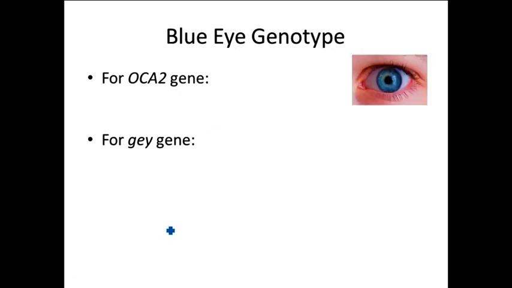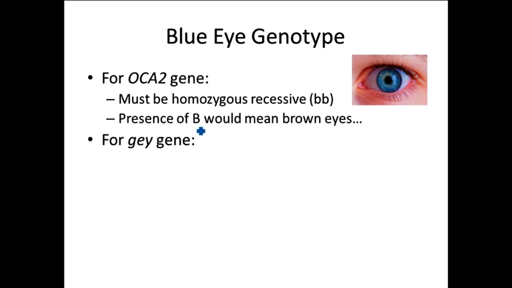And then finally, let's look at the blue eye genotype. For the OCA2 gene, a person who has blue eyes must be homozygous recessive, for the same reason as with the green eyes. If there was a big B present, that person would not have blue eyes, they would have brown eyes.